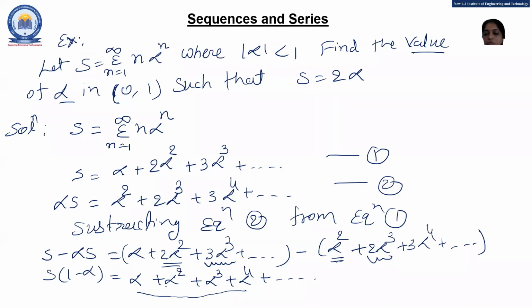The ratio between two consecutive terms is the same. Agree? Here alpha square upon alpha is alpha, alpha cube upon alpha square is again alpha, and alpha raised to 4 upon alpha cube is again alpha. So what is the sum of this geometric series, alpha plus alpha square plus alpha cube plus alpha raised to 4?